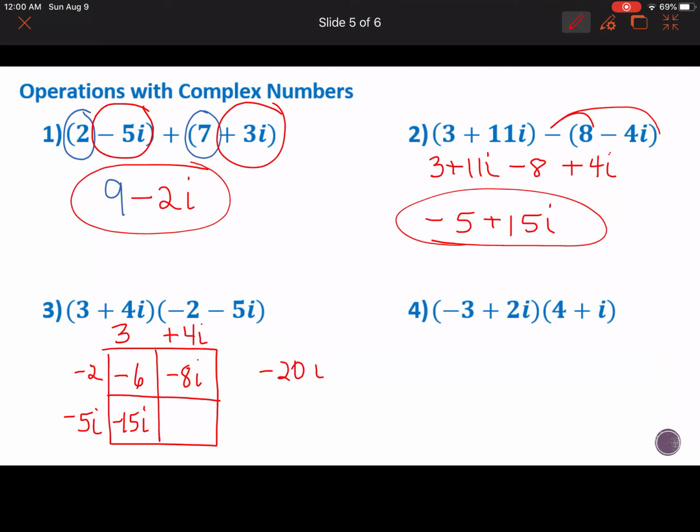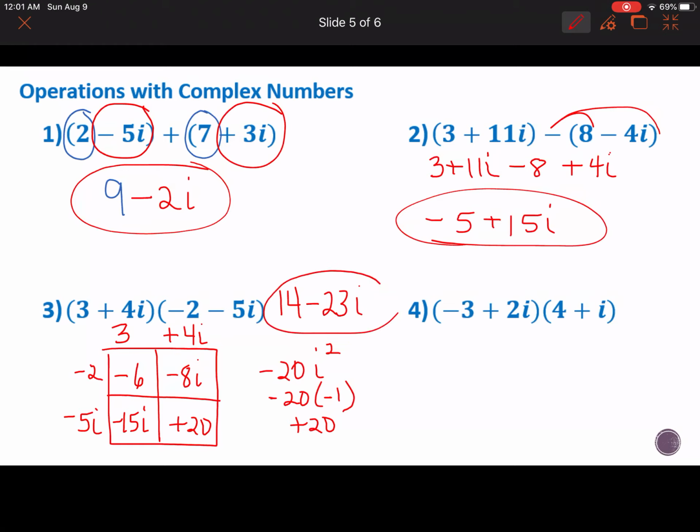And I'm going to not write that in the box just yet because i squared equals negative 1. So what's really in that square is a positive 20. So when we combine our like terms, we have 20 minus 6, which is 14. And then we have negative 15i, negative 8i, which is negative 23i.